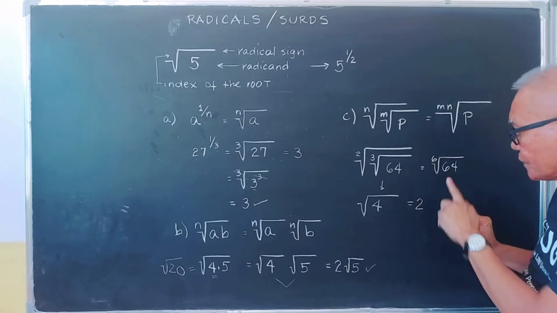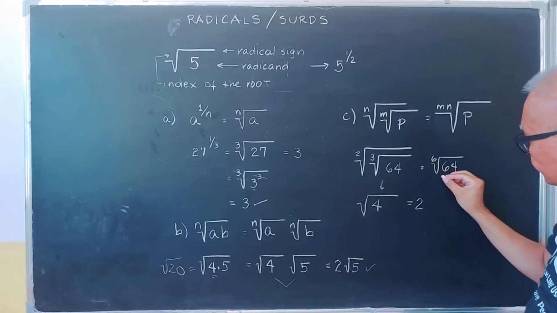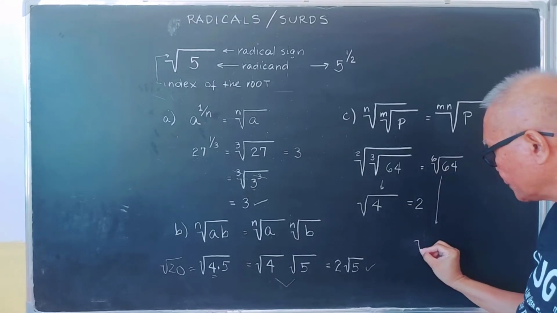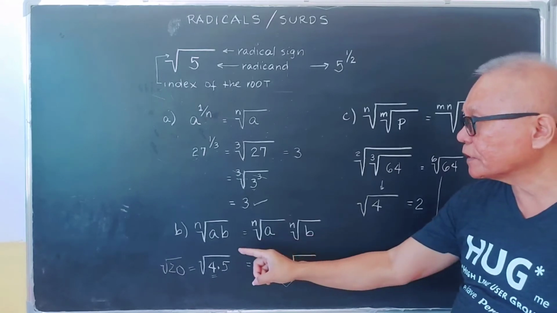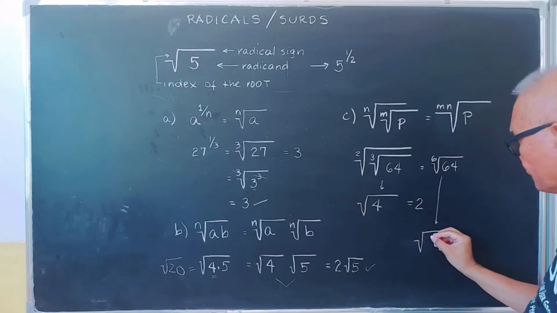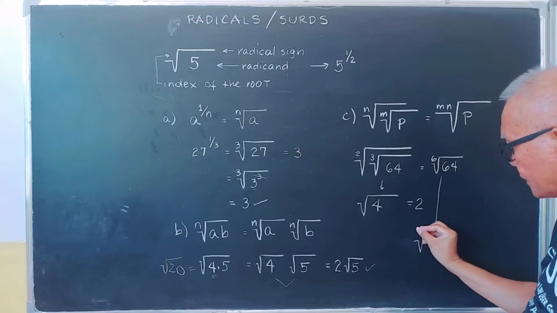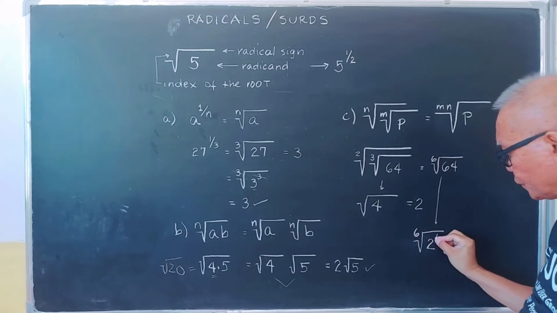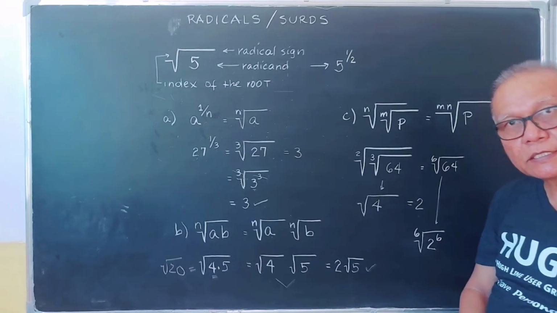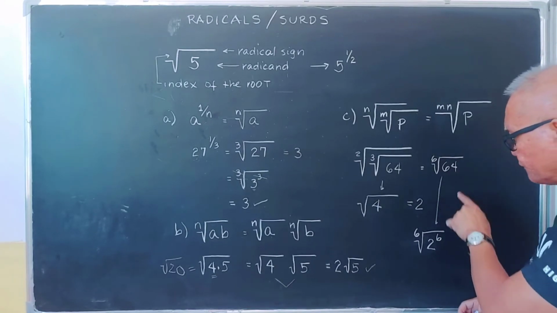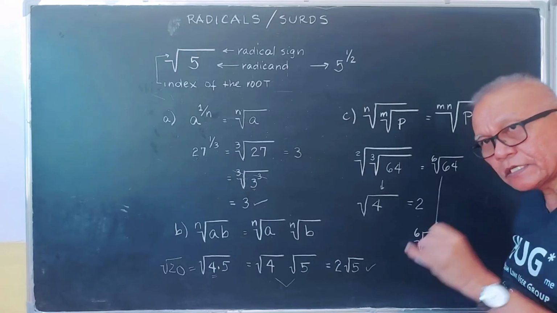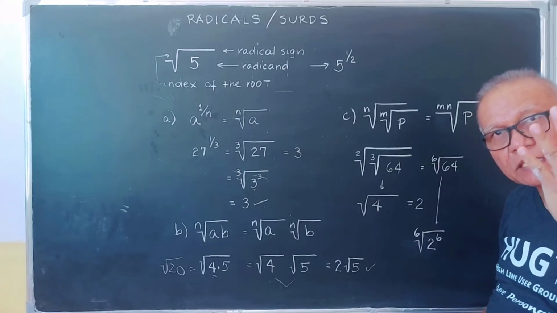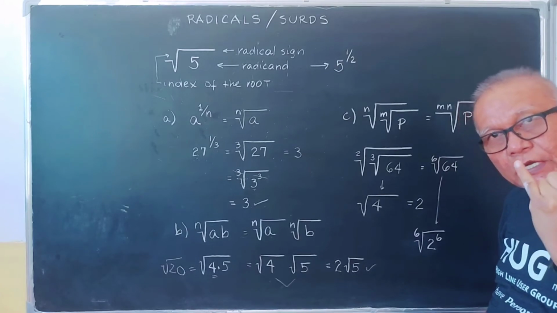Now, if we have this one here, we can write this one using that concept. So we have 64, and this one is 6. We can write our 64 as 2 to the 6th. 2 times 2, 4 times 2, 8 times 2, 16 times 2, 32 times 2 is 64.